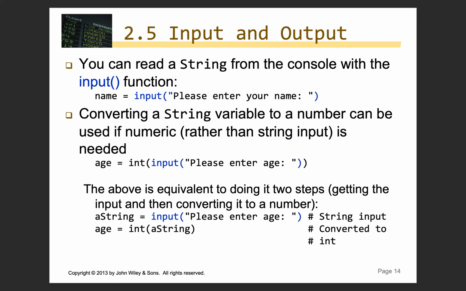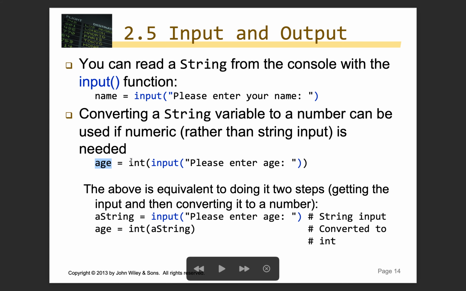Or we could use the float cast function to cast the input from a string data type into a float data type. So again, using the input function, we end up printing please enter your age to the console. We wait for a user to respond. The user responds. That value is stored as a string, and then the int function casts that value from a string to an integer data type, and then stores that in the age variable.